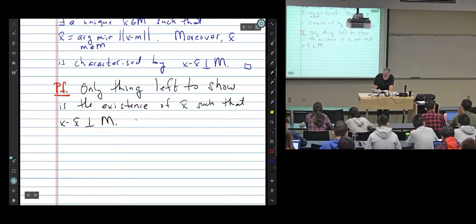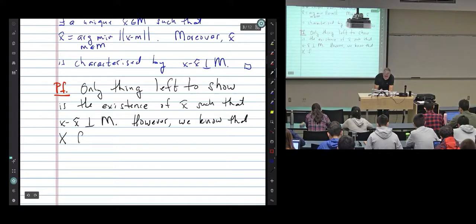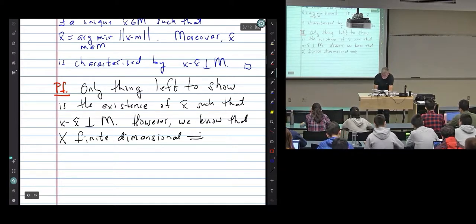However, we know that X finite dimensional implies that I can write X as M direct sum, not transpose, orthogonal complement.